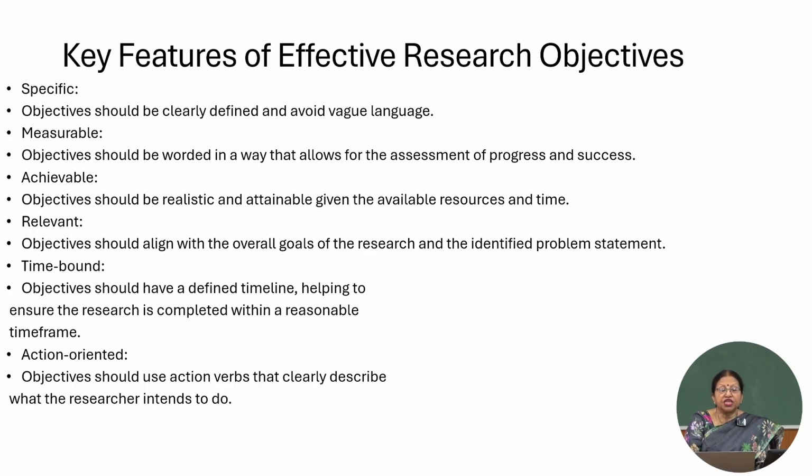Action-oriented, objectives should use action verbs that clearly describe what the researchers intend to do, which means that when we are following the SMART strategy, that is specific, measurable, achievable, relevant, time-bound, action-oriented, then we are on the right footing.